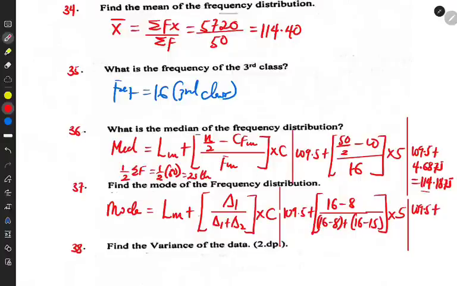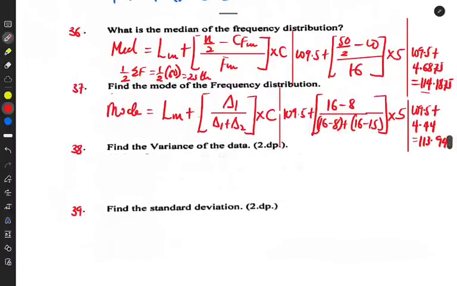In computation of this, we're supposed to get a value of 4.44. So in summary, you have a mode value of 113.94. Let's take note of that. That's going to be our mode from the frequency distribution.